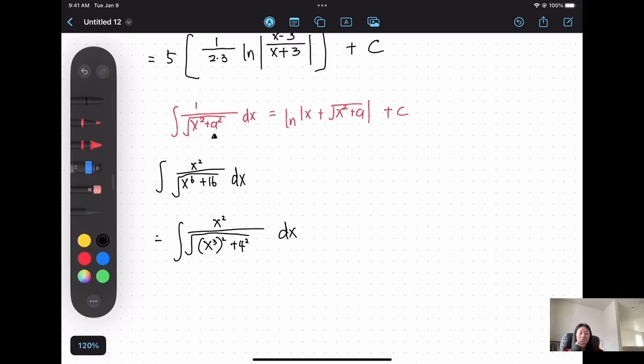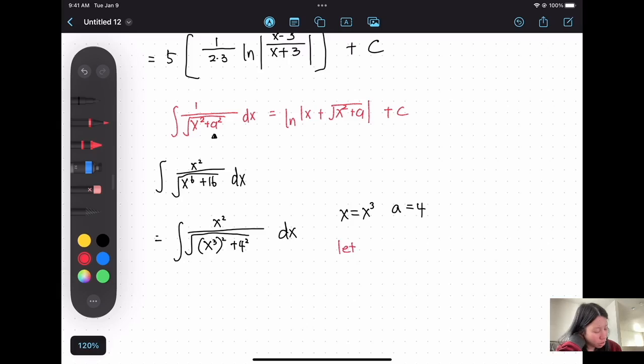Okay, so now this is getting closer, which means our x is equal to x cubed, and then our a is equal to 4. However, the numerator is x squared, and I still want to get rid of the x squared. Maybe it's time to use a technique that we learned before, such as substitution.